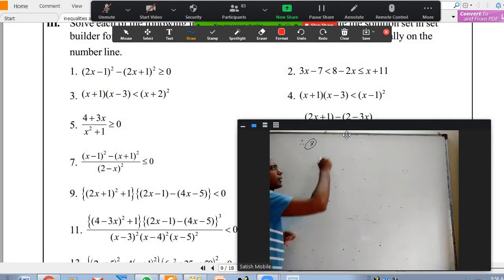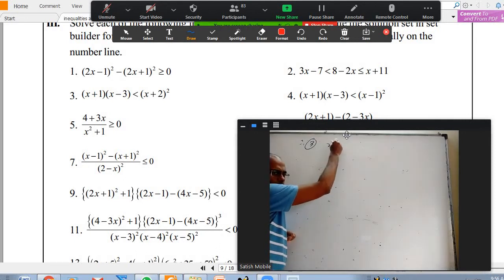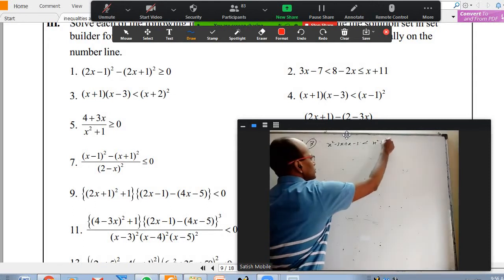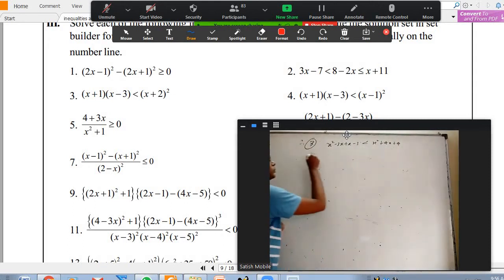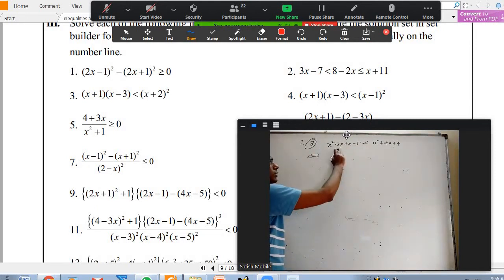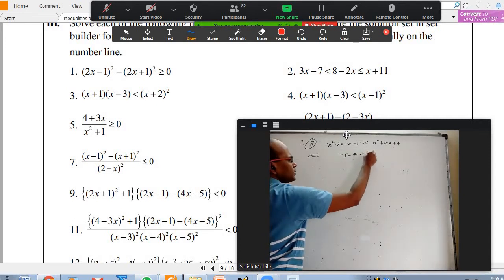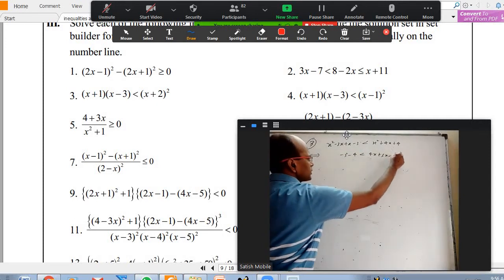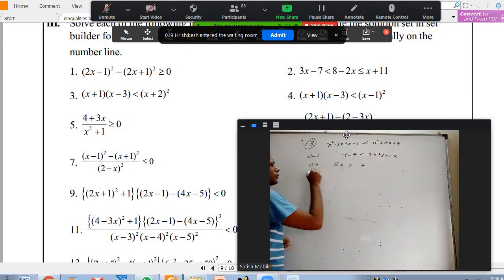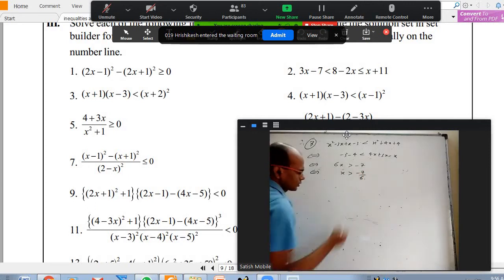Also just expand, we'll get x square minus 3x plus x minus 3 is less than x square plus 4x plus 4. We can cancel out x squares, and this is minus 2x, that side 6x, and this is minus 3 minus 4 is less than 4x plus 3x minus x. 6x is greater than minus 7, and x is greater than minus 7 by 6.